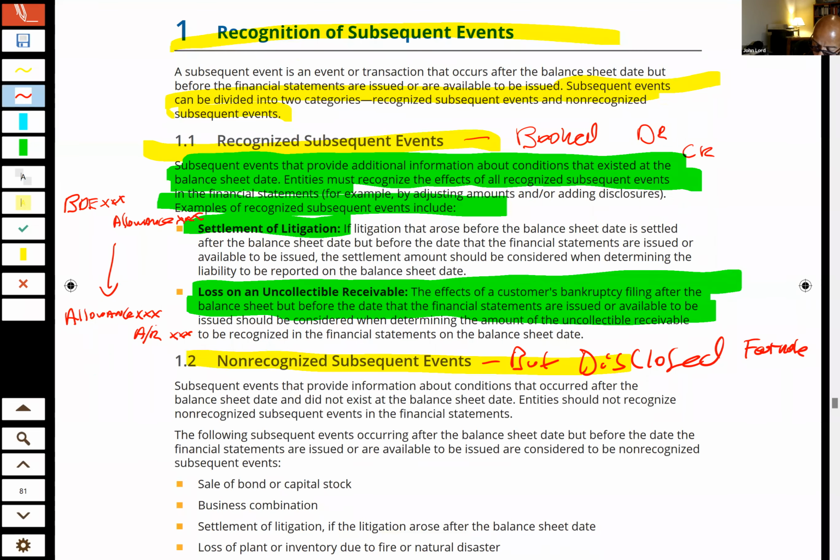So if this was done, we'll say in June of 2022, and then because the amount of the allowance has gone down at 12/31/2022, I may also decide to debit bad debt expense for a little more, and credit the allowance, because now I'm saying, well, now that I had to write that one off, I don't feel I have enough in the allowance.